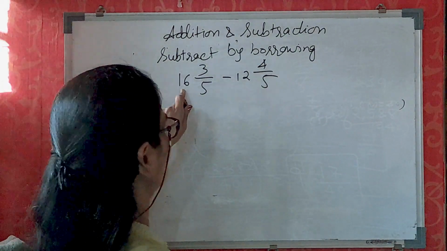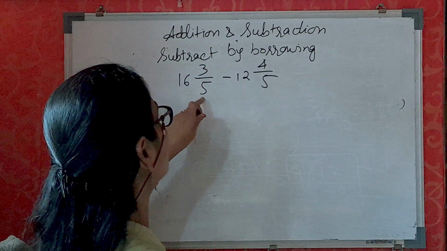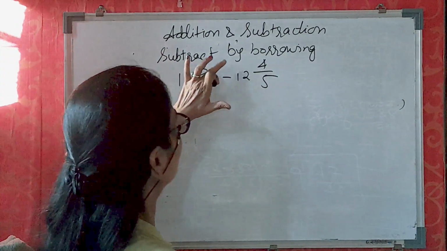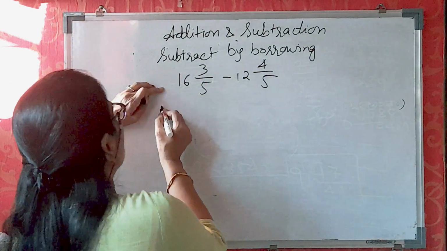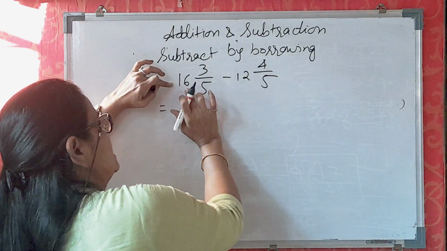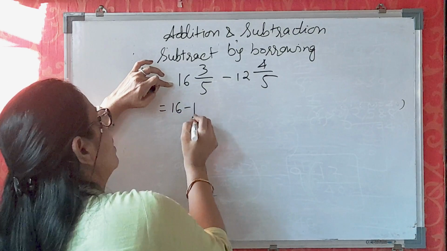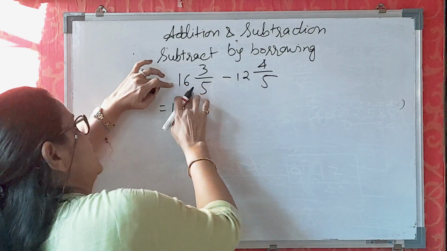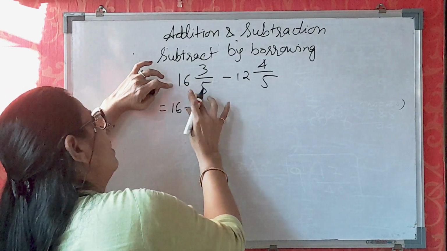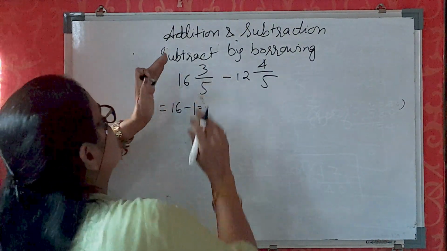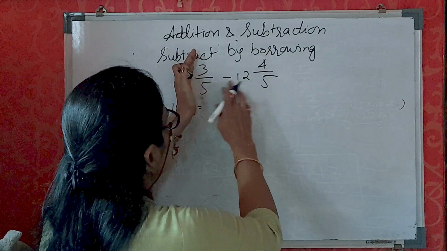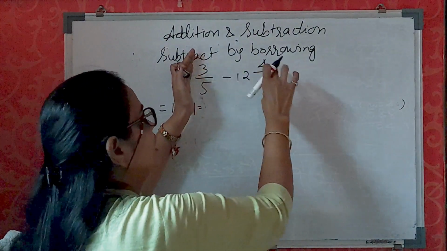First method, you can do it by mixed fraction, but in that case the method is borrowing. So what you will do, you take 16 minus 1, you are borrowing 1 from 16, and that one you are adding to this fractional number, because when you subtract, this number is smaller than this.